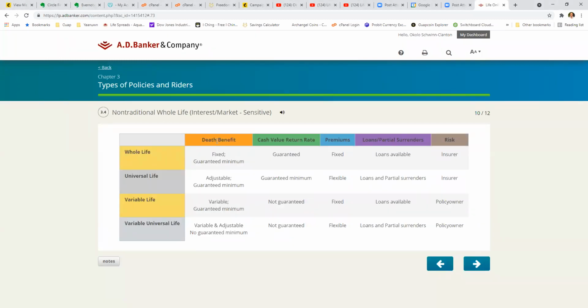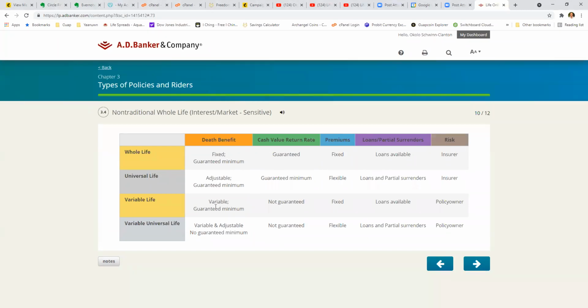So whole life: death benefit fixed, guaranteed minimum cash value return is guaranteed, premiums are fixed, loans are available, the risk is on the insurer. Universal life: adjustable death benefit, guaranteed minimum cash value, premiums are flexible, loans and partial surrenders are available, risk is on the insurer.